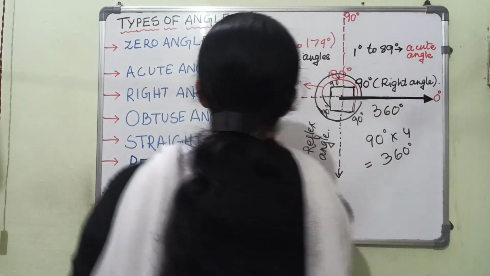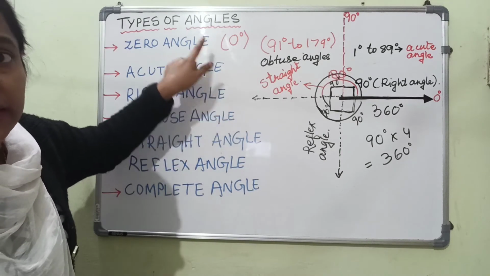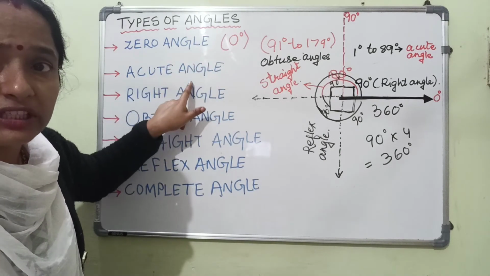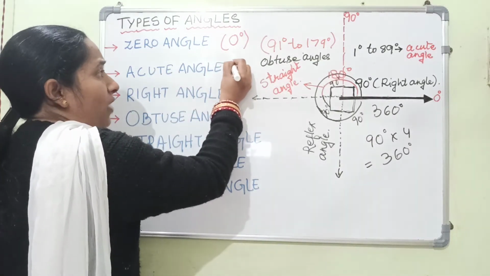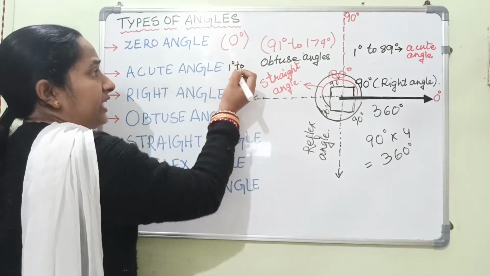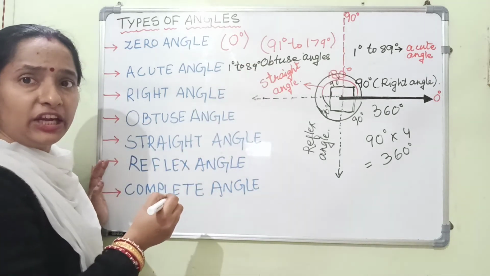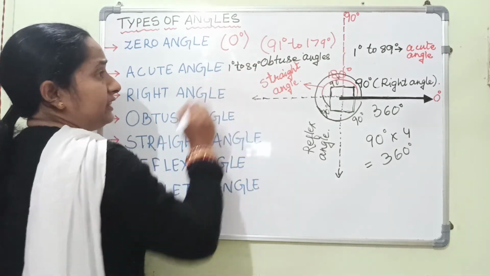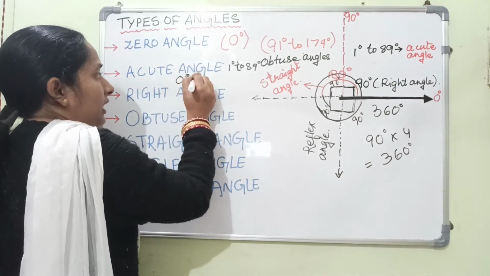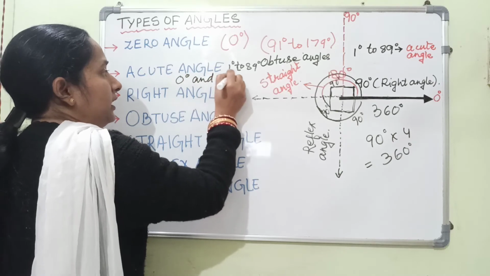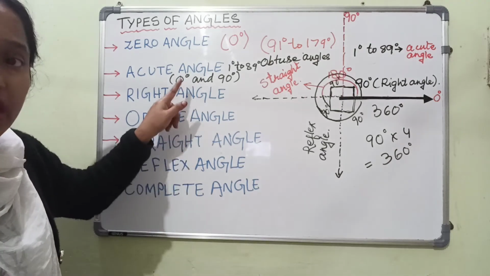So children, what are the measures of the angles? The zero angle measure is 0 degrees. What are the measures of an acute angle? The measures of acute angles range from 1 degree to 89 degrees, or the angles that lie between 0 degrees and 90 degrees are considered acute angles.